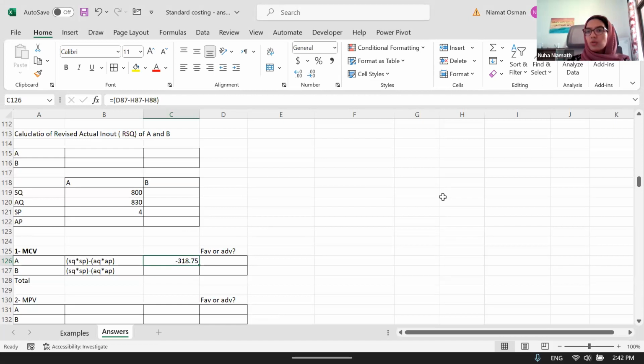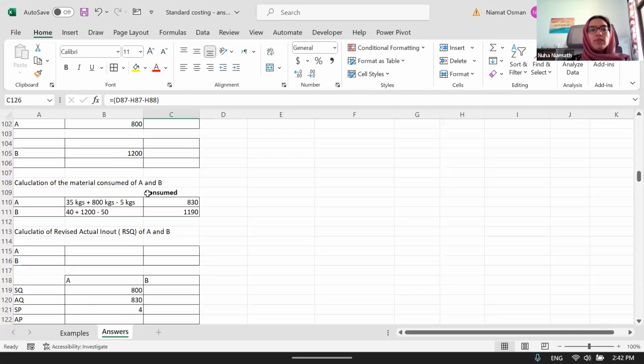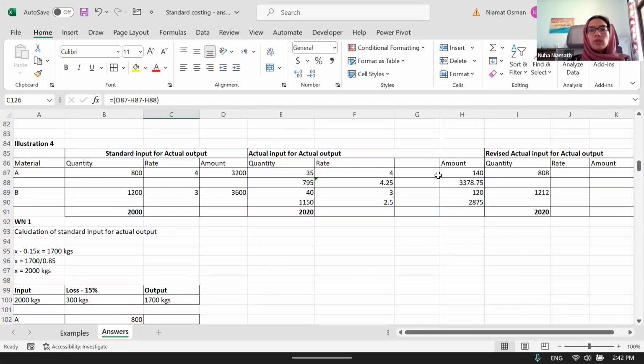Ma'am, can you say how did you get 808? Sure, Shilpa. When we calculate the revised actual quantity, we take the total input that we have used, which is 2020 units, and we prorate it as per our standard mix, which is 800 by 2000 and 1200 by 2000.